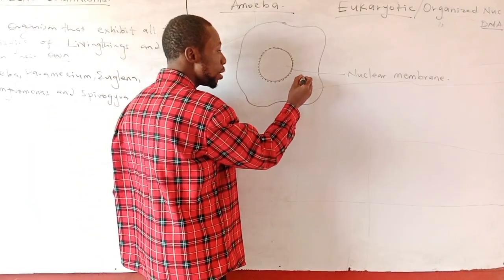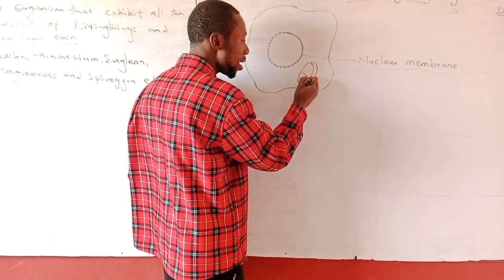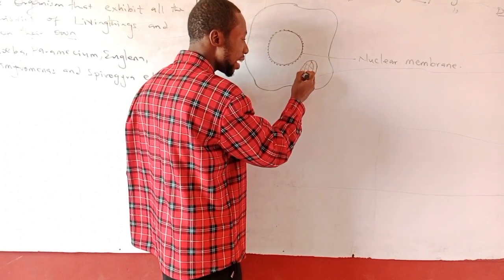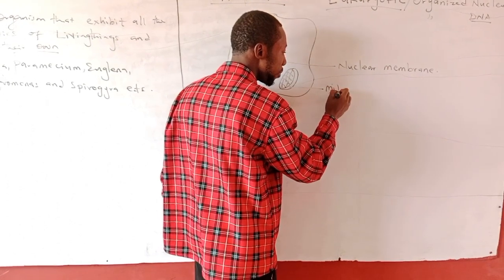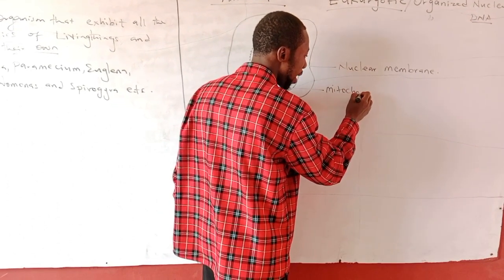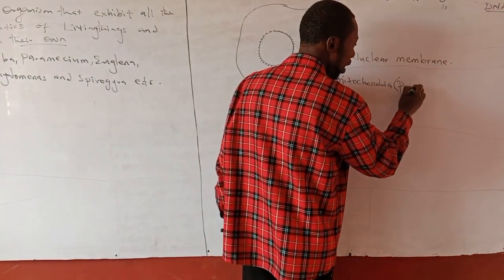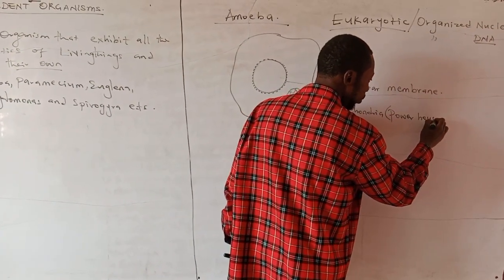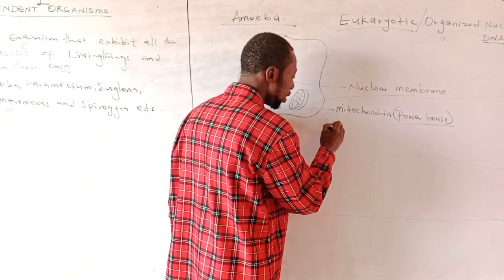This Amoeba here also possesses the mitochondria. The mitochondria in Amoeba is the site for cellular respiration. This is also known as the powerhouse.